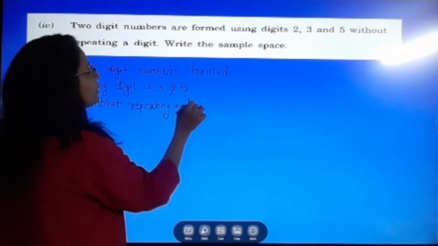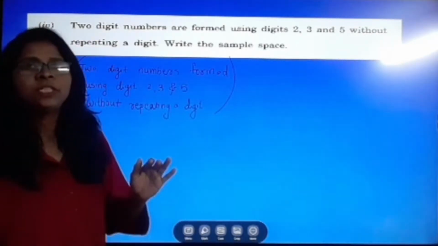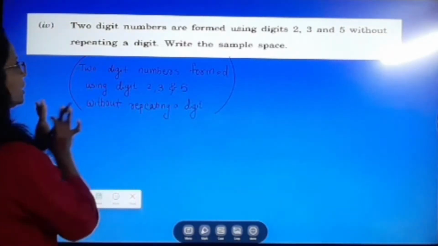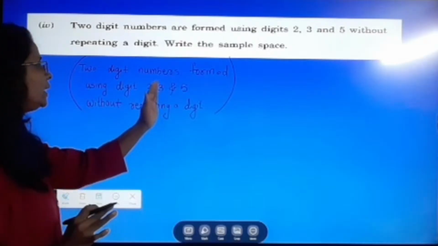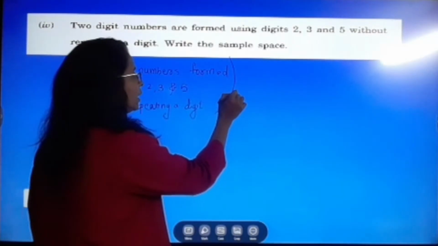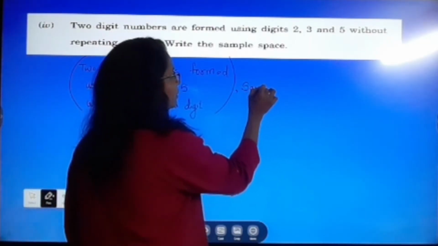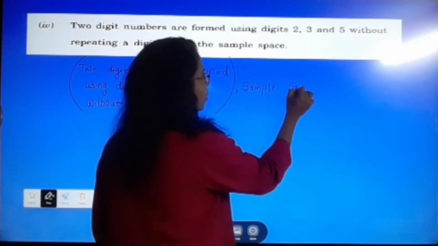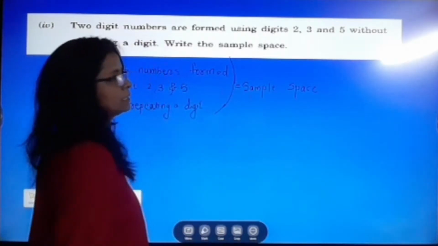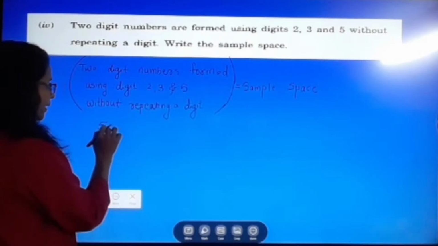Okay, this is the given condition, students. That means it is nothing but the sample space, which is denoted by S. So I write here S.